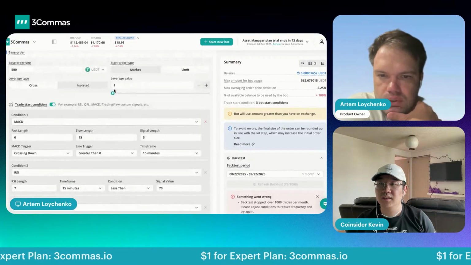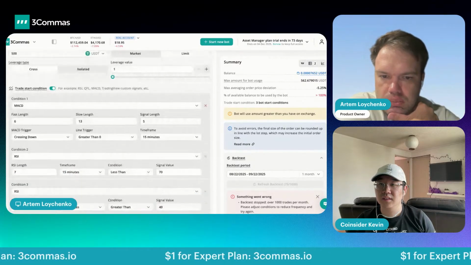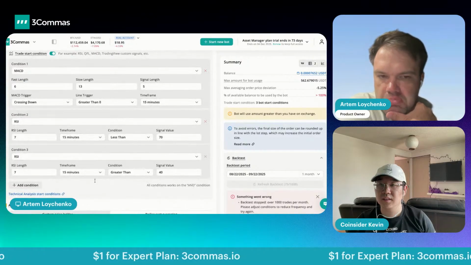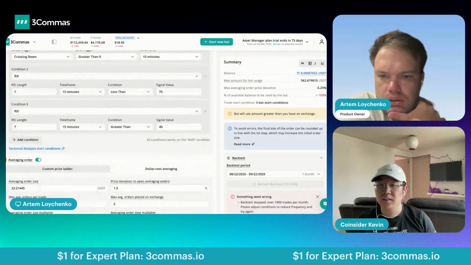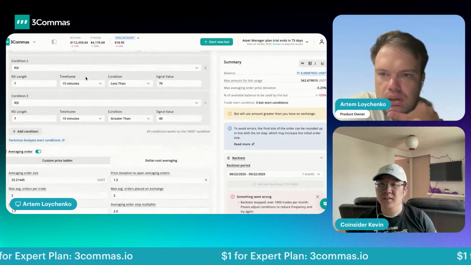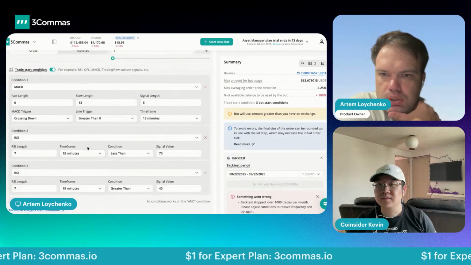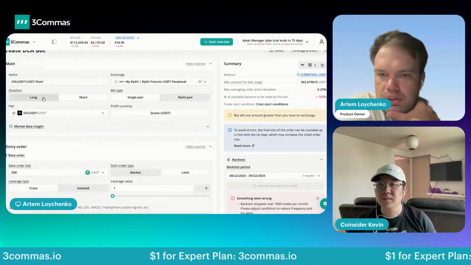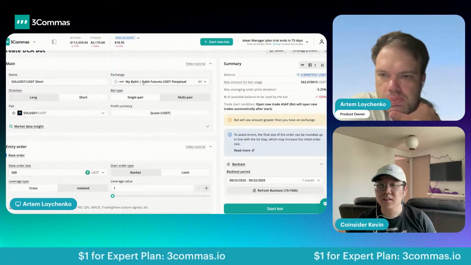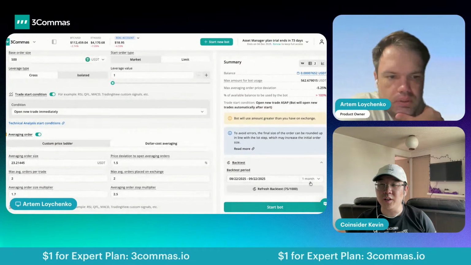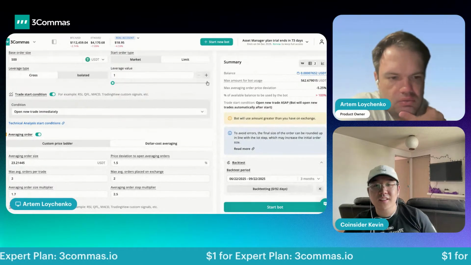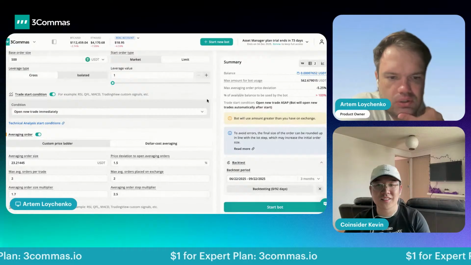Okay, so the short one triggered, let me check why it's possible. So 15 minutes here, 15 minutes here. Interesting. I don't think it should give so many signals. Okay, let's see what would happen. It's okay, we can look at a different one.